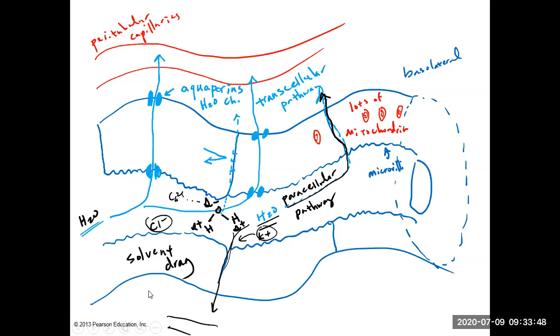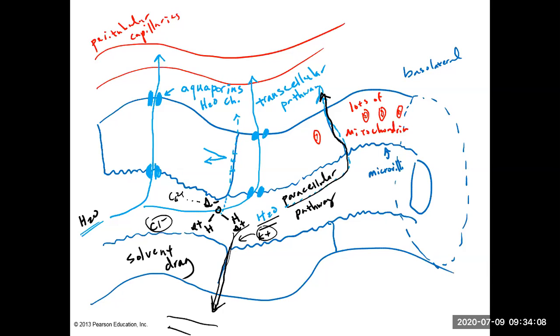The water, as it goes between the cells, is dragging the solutes with it. So solvent drag is dragging the various ions with it, and some urea as well.